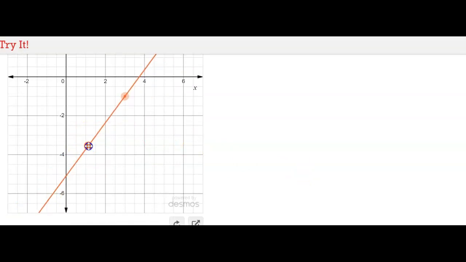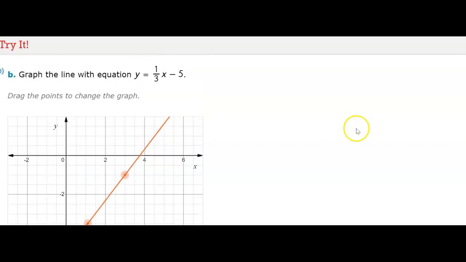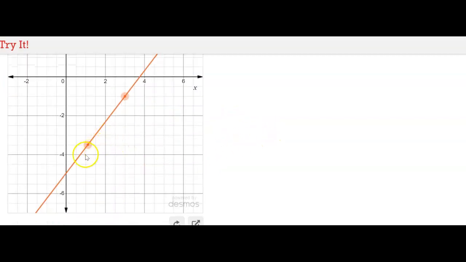There you go. All right, so 5 would be, I'm guessing about here. About there. So there's my negative 5. So that's my y-intercept. And then my slope needs to be 1 over 3. So my rise would have to be 1 and then over 3 spaces. So I'm going to have to move this. Oh, wrong part.